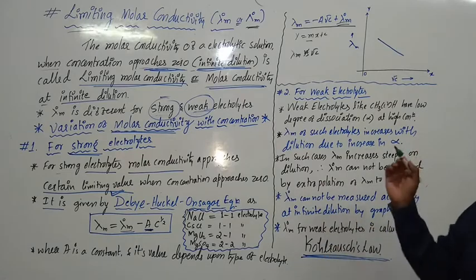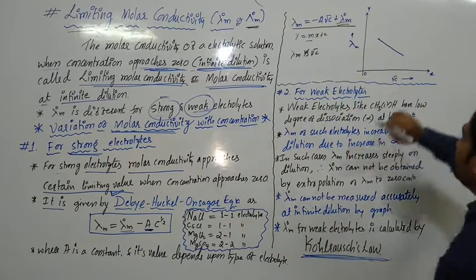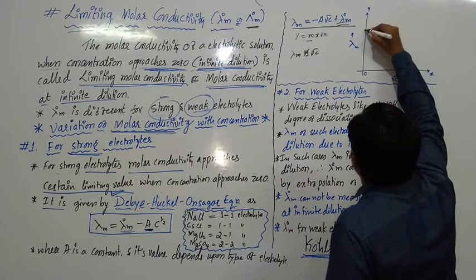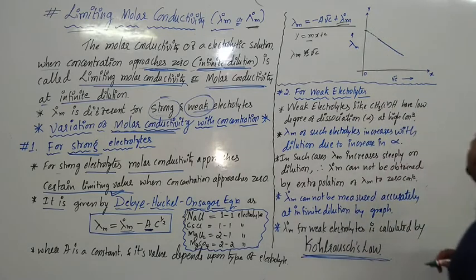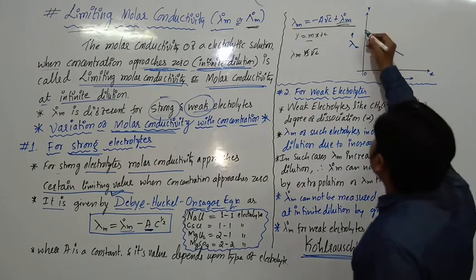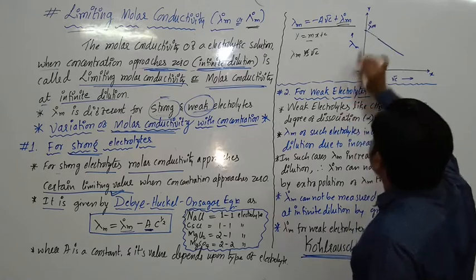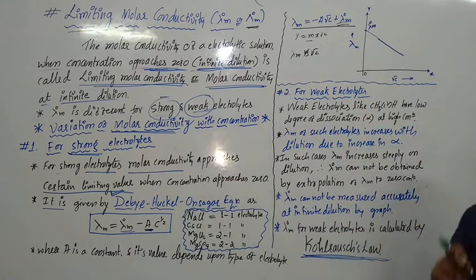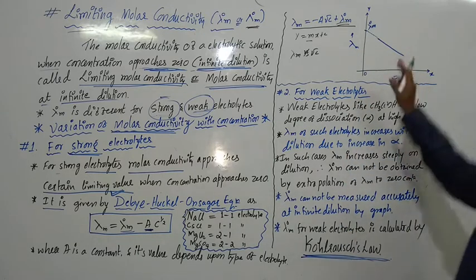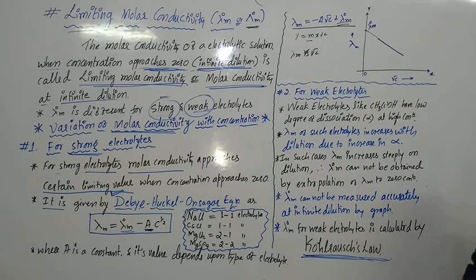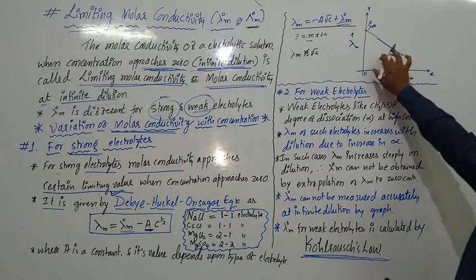This curve will cut the y axis at this point, which is known as lambda naught m. That lambda naught m is nothing but the limiting molar conductivity.